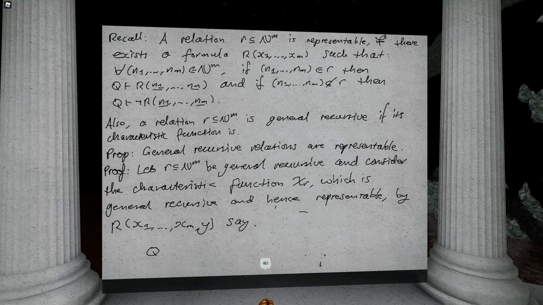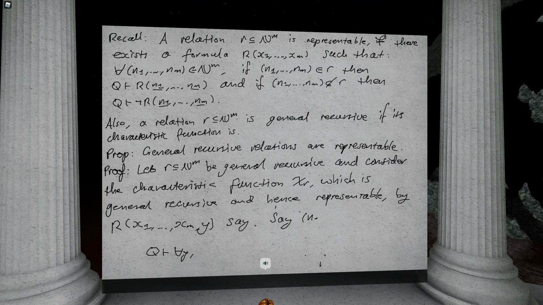Okay, so the condition that we have is the following. Say n1 up to nm are natural numbers and they're inside this relation. Then I want to tell you what the actual condition on the formula capital R is.